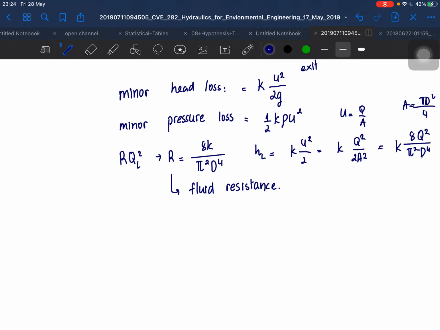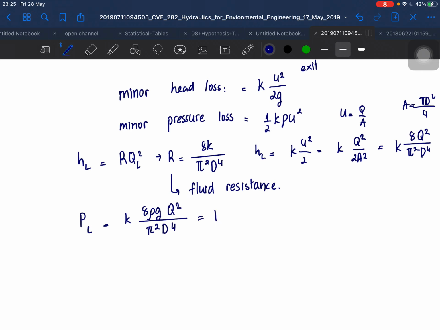And then there's another part, because this is only for the HL, right? So we can write for the P, which is the pressure loss, K equals, you can substitute that in, rho G Q squared over pi squared D to the fourth.